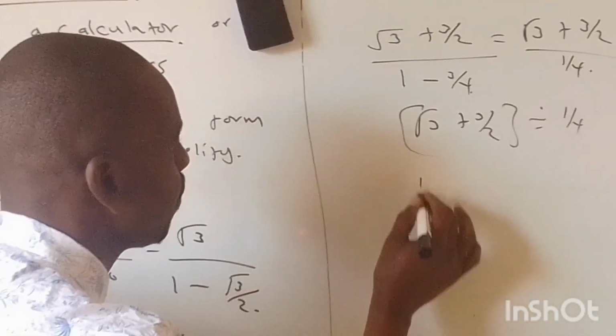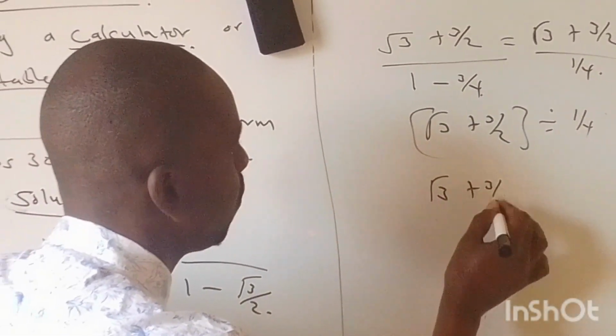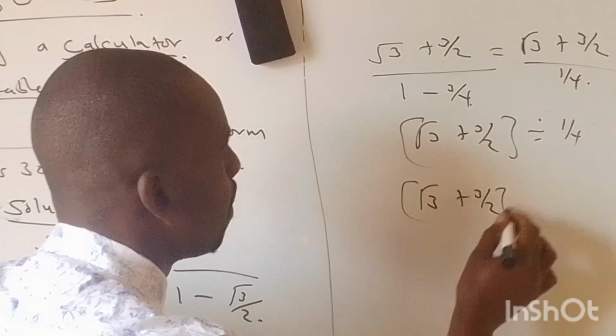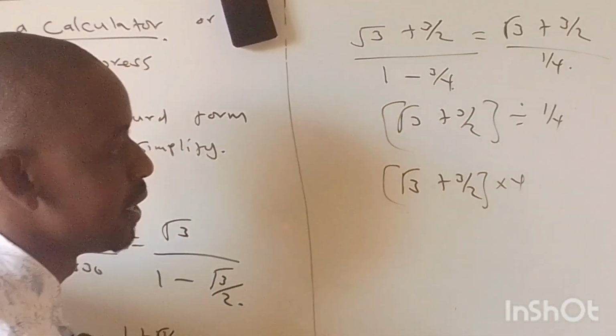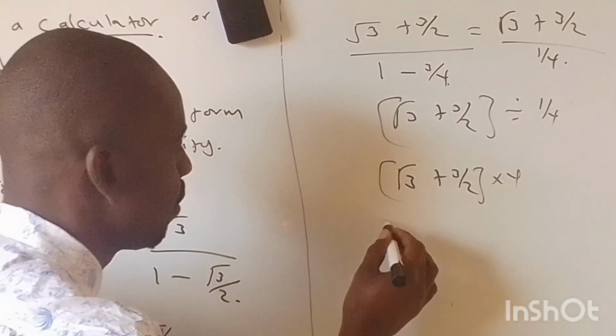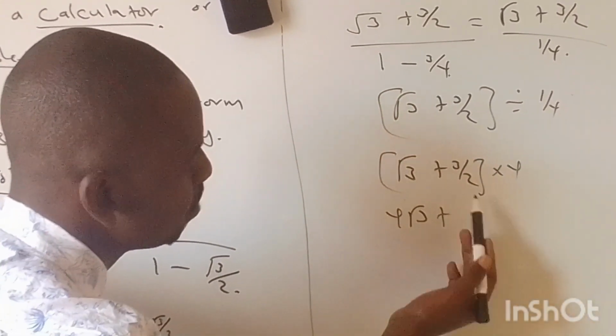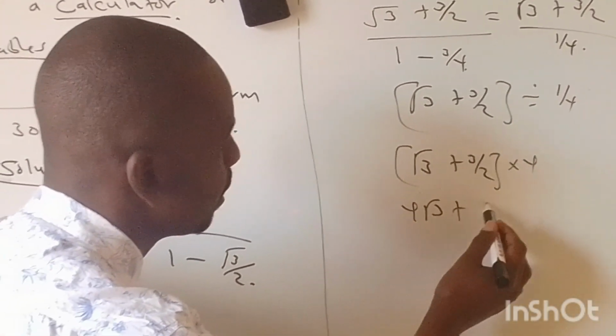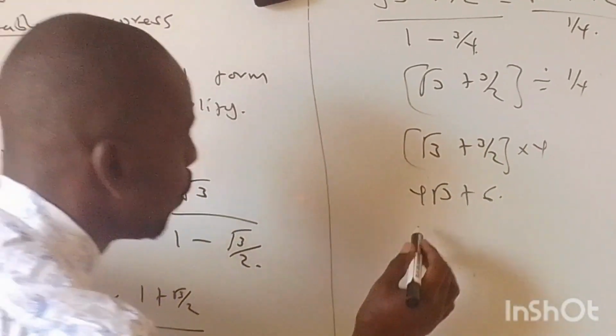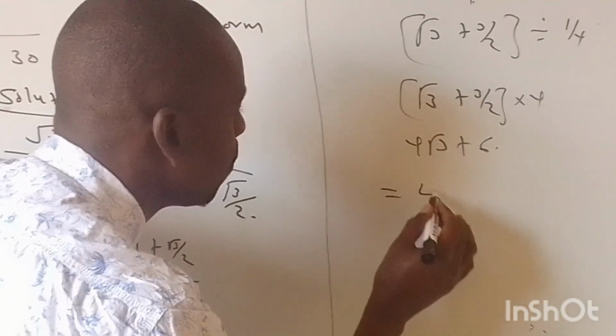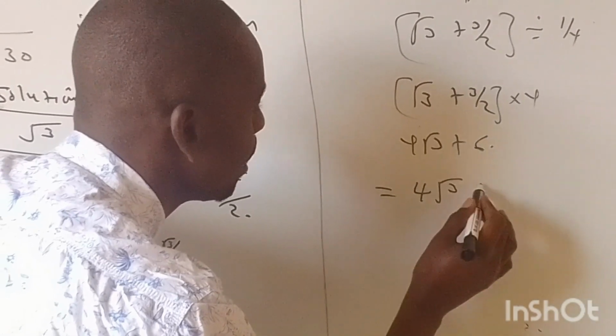So this means we have root of 3 plus 3 over 2 multiplied by 4 over 1. So what do we have? We have 4 root of 3 plus, multiply that, 2 goes there too, 6. So we get our answer, when we simplify, to be 4 root of 3 plus 6.